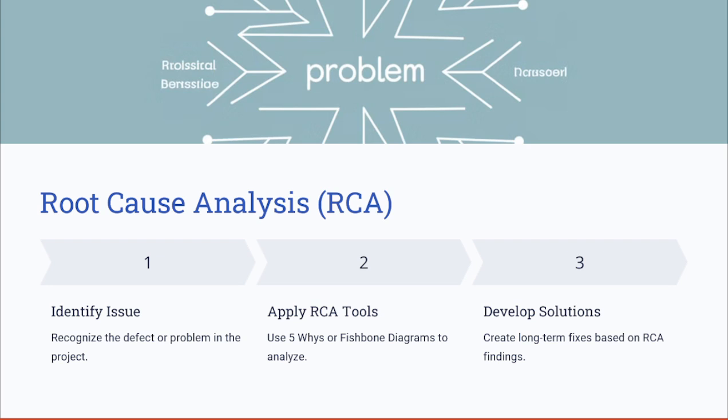Here is an example of utilizing RCA for a manufacturing defect arising in the production line. Think of a manufacturing project that is going on, and a higher number of defects arise in the production line.